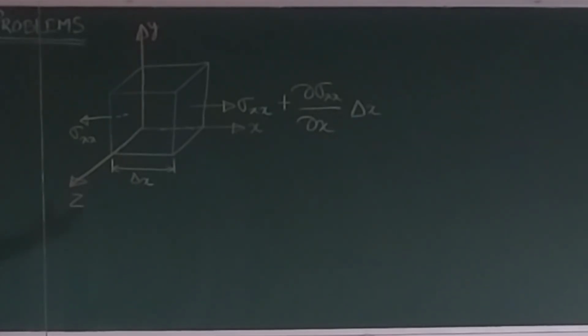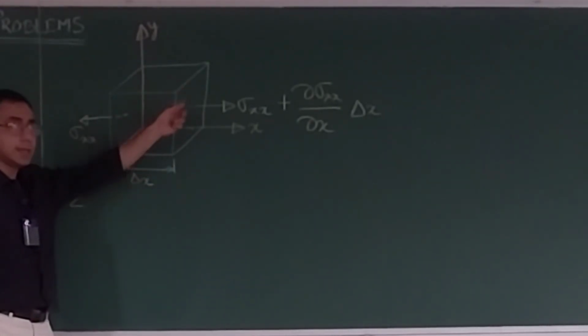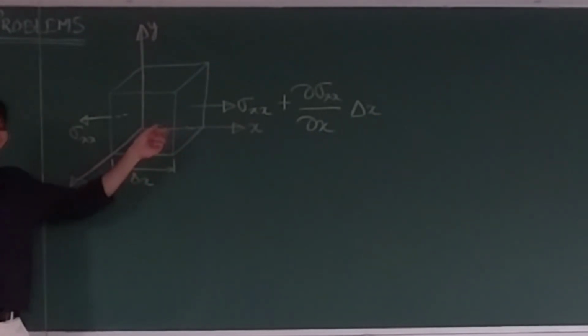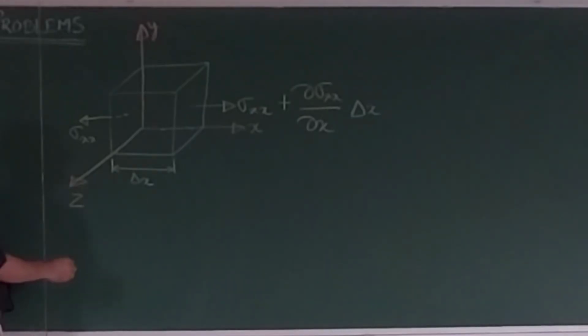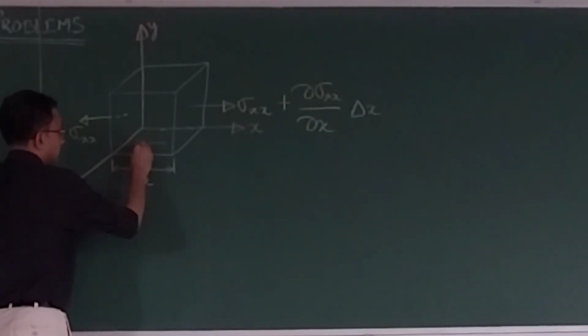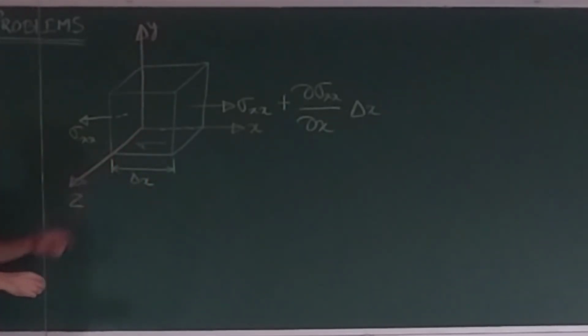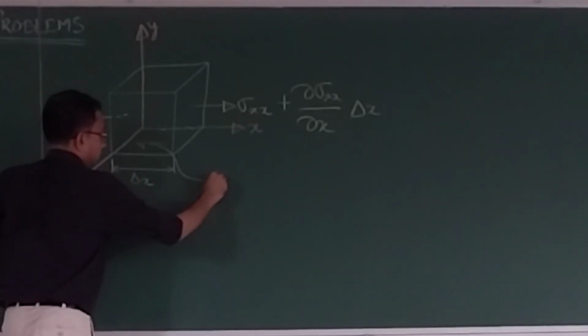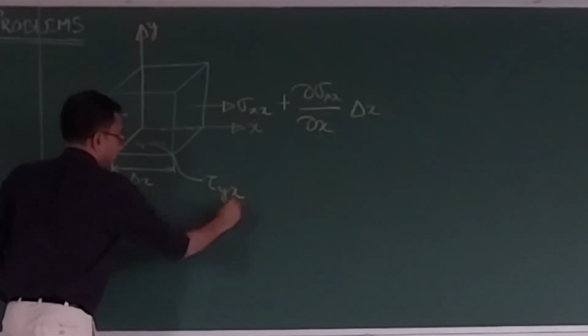Now on these two planes we are going to have the components of stresses which are what? The tau yx. The tau yx is the component which is oriented along the x direction. There will be other components of stresses also. Here also you are going to have tau xy and tau xz, but it's going to be a cluttered mess, which is why I'm not drawing it. So on here you are going to get this thing, which is the tau yx.